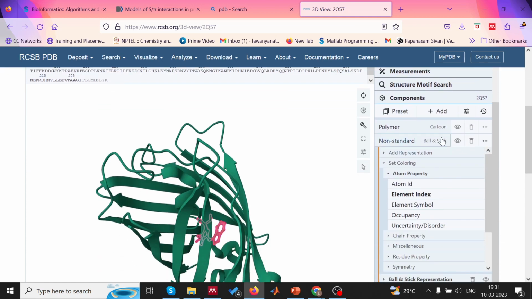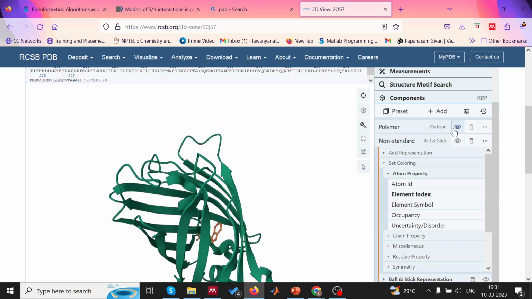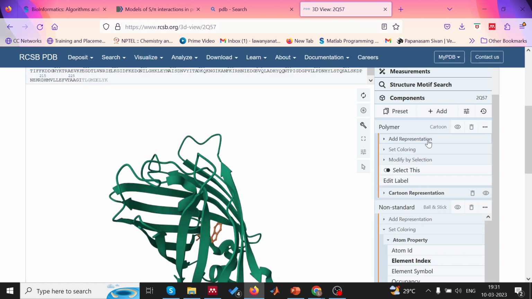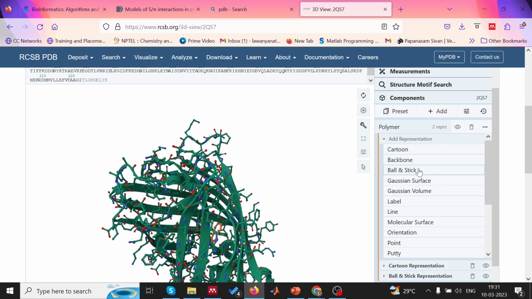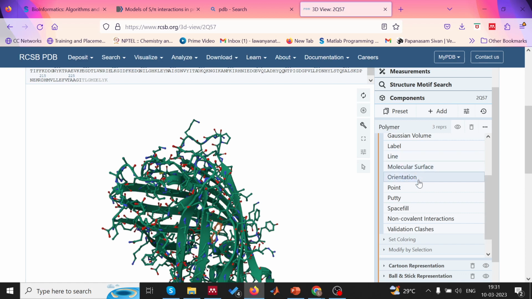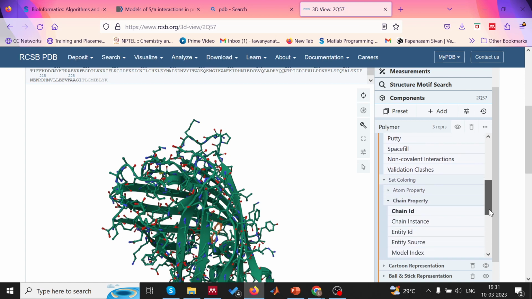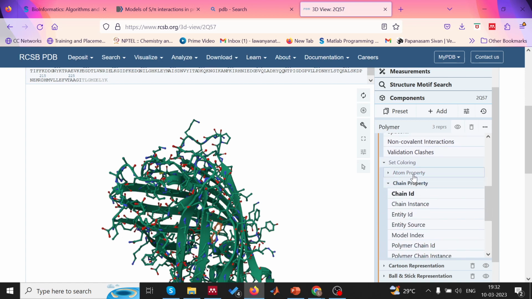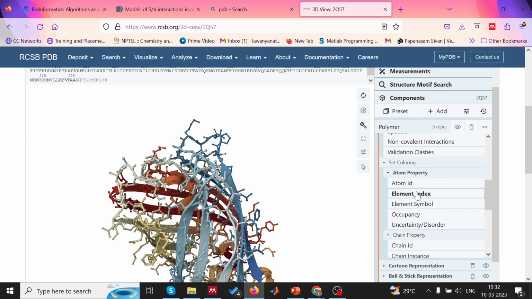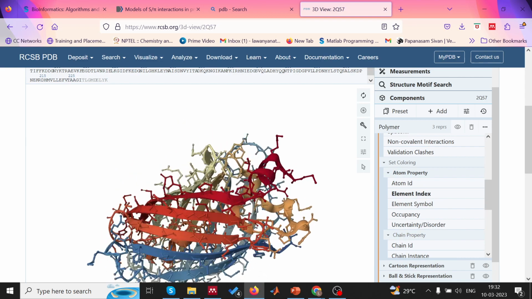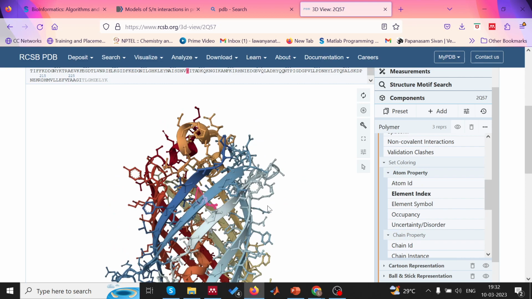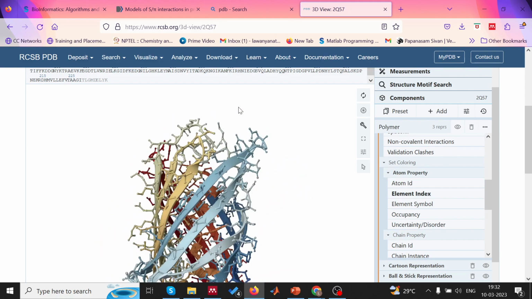So the polymer also it's shown in cartoon. I can change that as well in the three dots here. Add representation, ball and stick. It is adding over the same structure, but it's not removing or changing the property. So by element index, I am coloring, which means according to the index, it is getting colored, starting from blue to red, I guess.